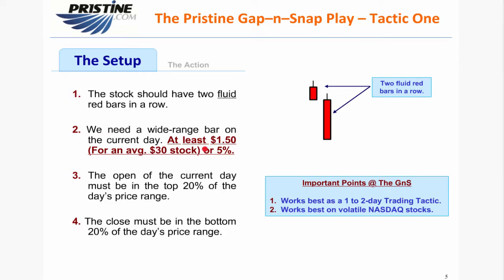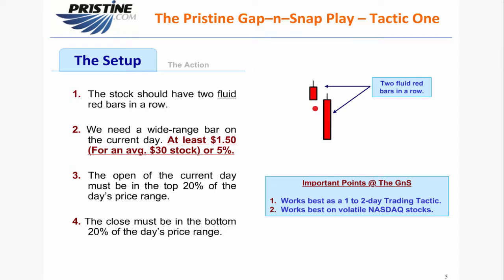As a general rule, at least $1.50 for the average $30 stock. I wouldn't adhere too close to this, to be perfectly honest with you. I wouldn't get hung up on this because at the end of the day, you're looking for a 2020 bar. If you have a 2020 bar after 2 days or more being down, then you've got what you're looking for.